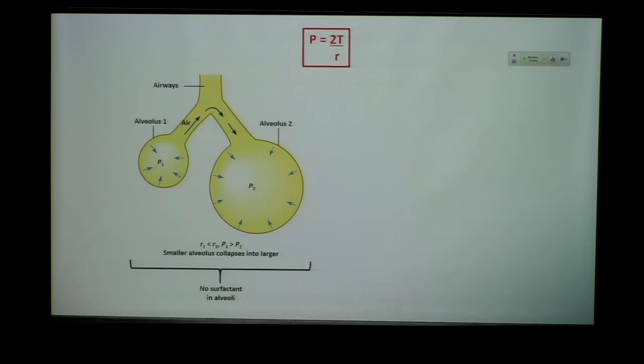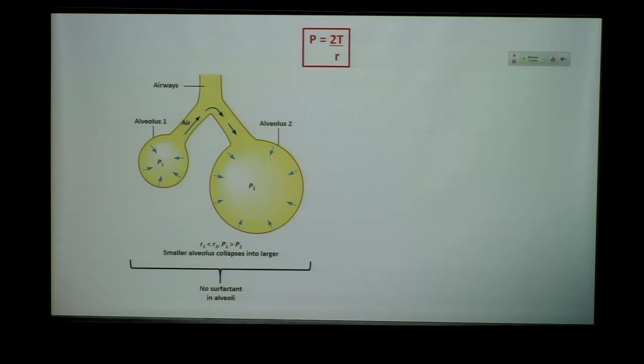So P here is representing pressure, the amount of pressure required to keep this alveolus open. T here is representing the tension or surface tension that's generated because of the interactions of that thin layer of fluid that's lining the alveolus. And then R is representing the radius or the size of the alveolus, okay?